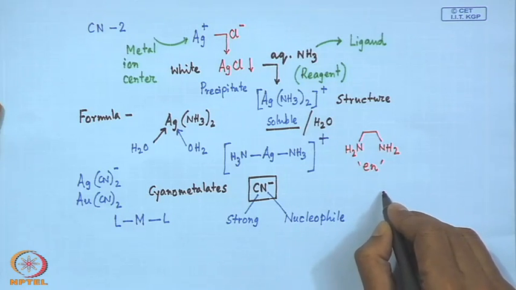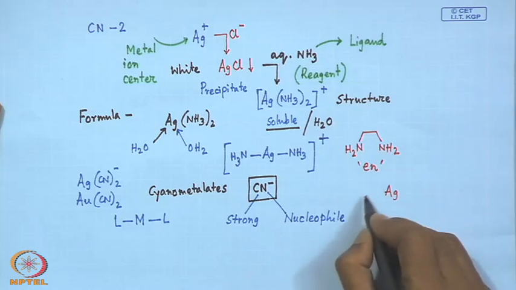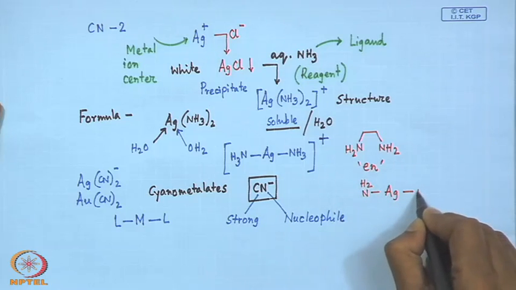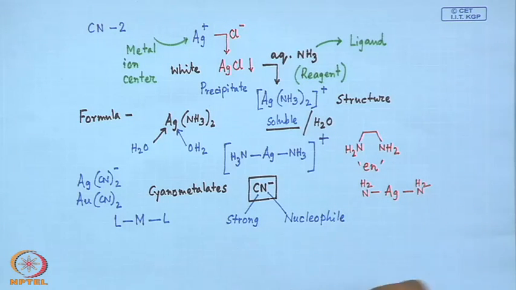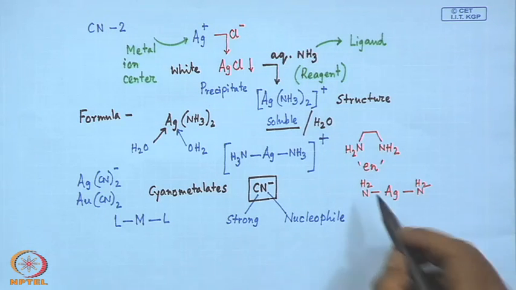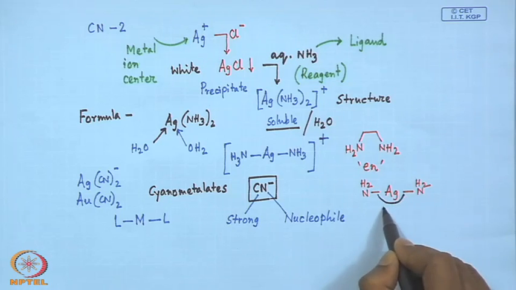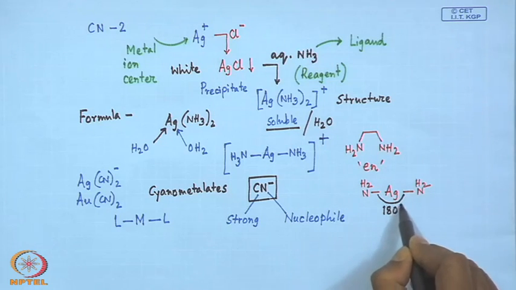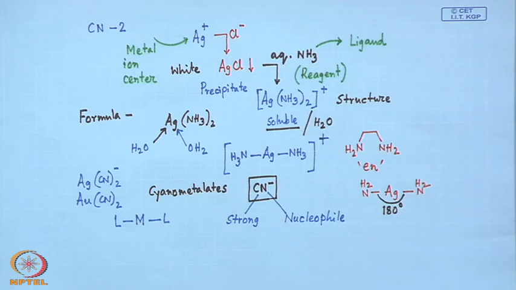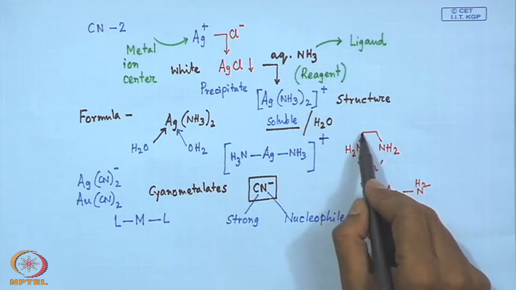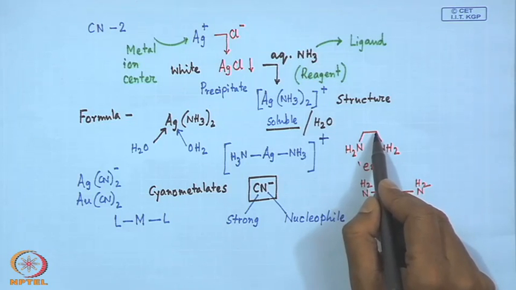In this case, with the silver on one side, if we try to have the NH2 function from this end and the NH2 function from this end, we will see whether it can span this entire range, that means whether it can span an angle of 180 degrees, which is not permissible for a bite backbone such as ethylene.